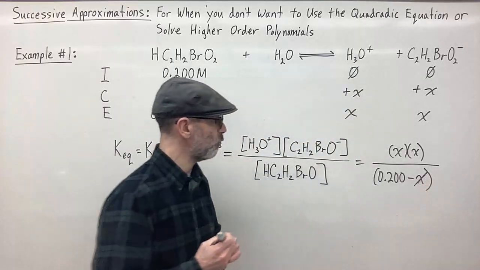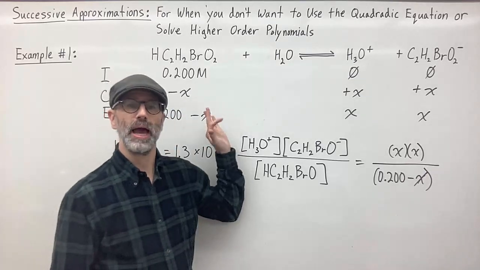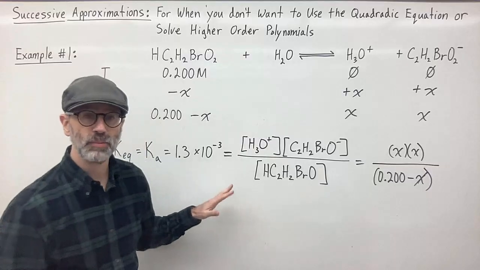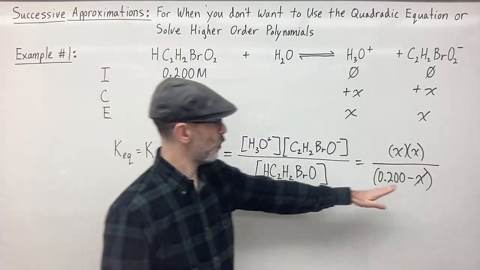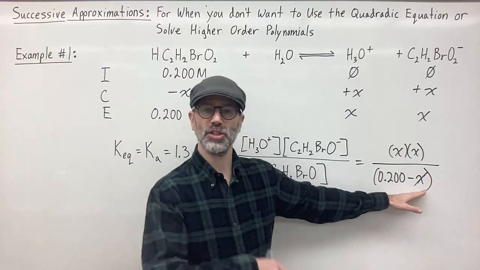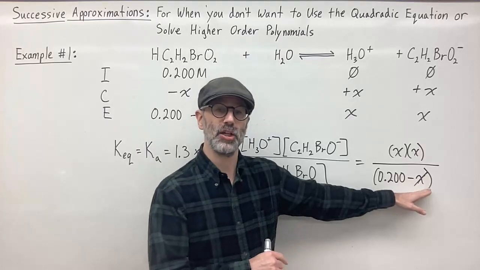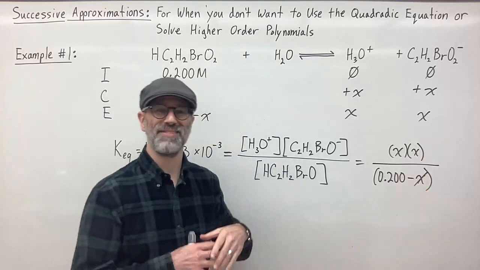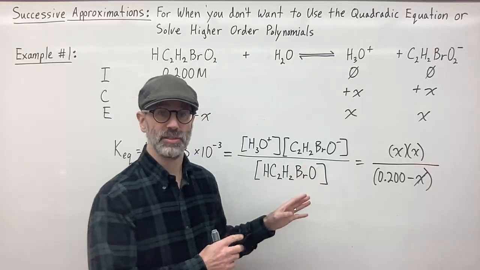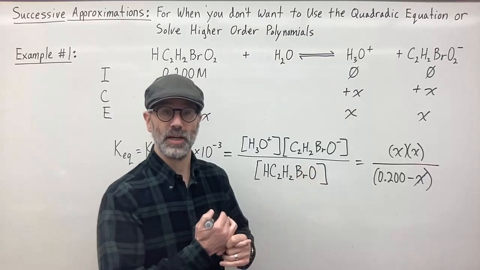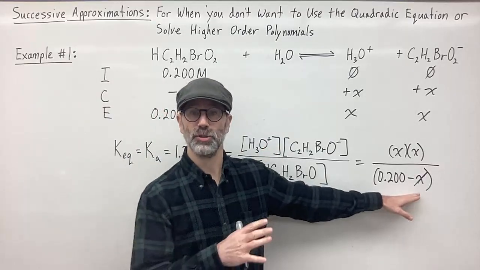And what I would recommend also, before I forget, is anytime you do any of these sorts of equilibrium problems where you are solving for X, if you're able to, you should always just go ahead and eliminate X and assume that it's negligible, even if you have a thought or idea that it might not pass. Because one, if it does pass, then great, your X is negligible assumption is valid.